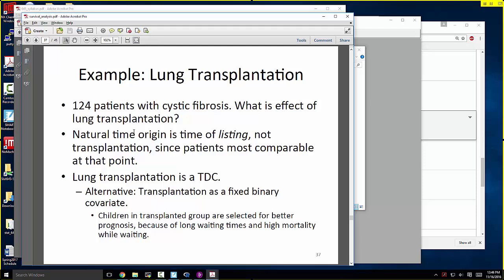One example comes out of the Vittinghoff textbook, Regression Methods in Biostatistics. If you look at the chapter on survival analysis, this example is in there. There's a lung transplant study referenced with 124 patients, each of whom is a child with cystic fibrosis.